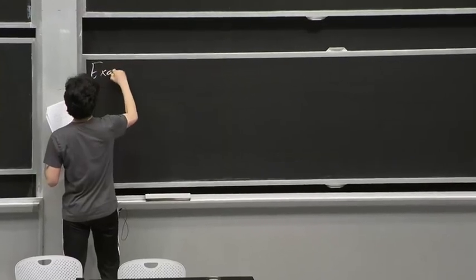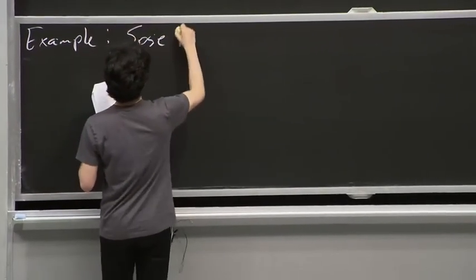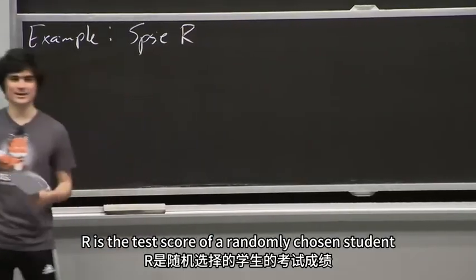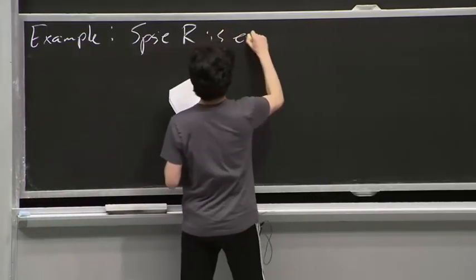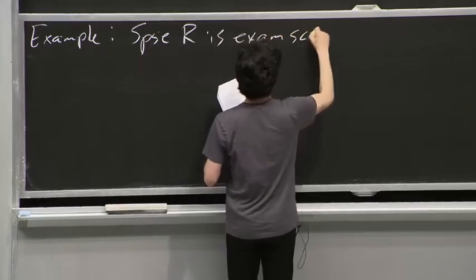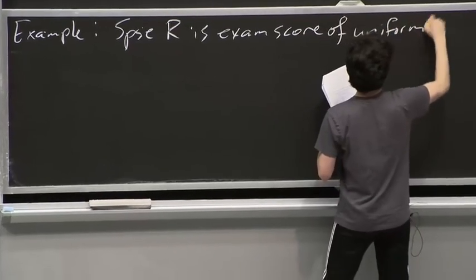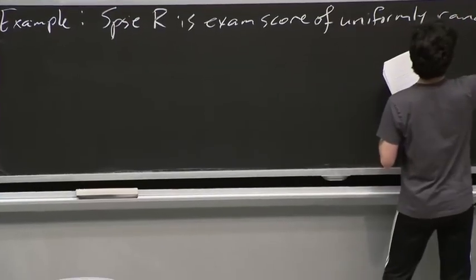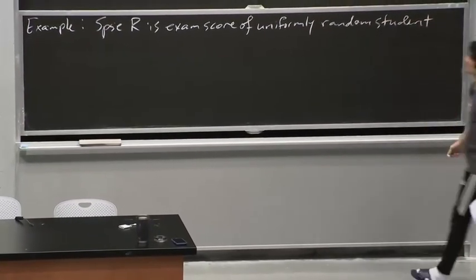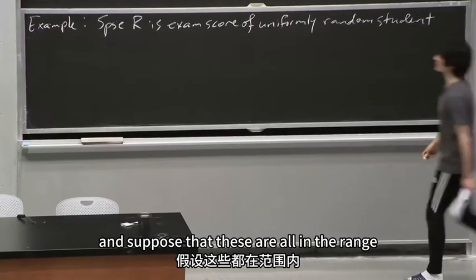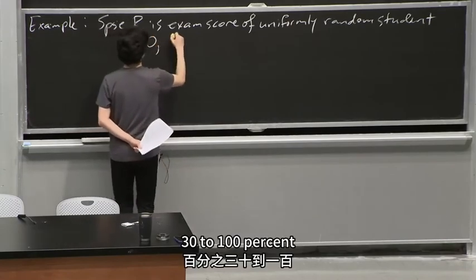Suppose R is the test score of a randomly chosen student instead of the row that they're sitting in. Okay. And suppose that these are all in the range, say, 30 to 100%.